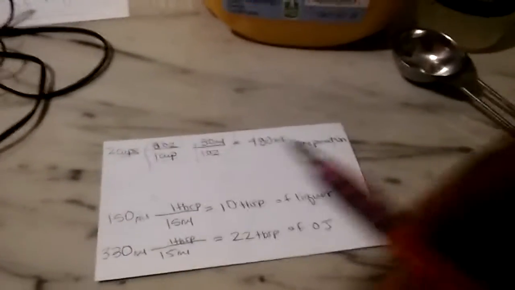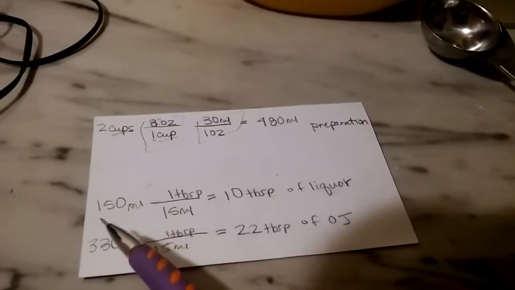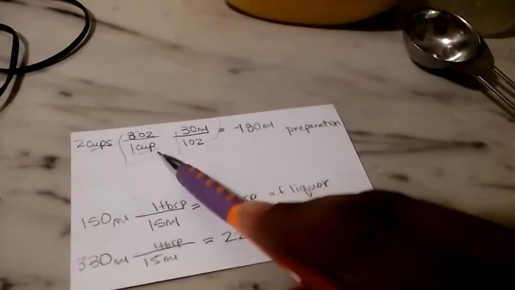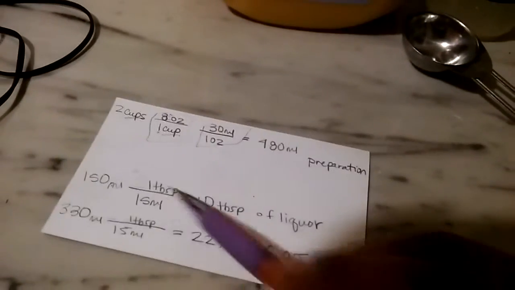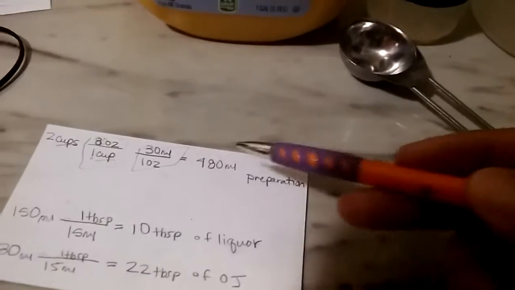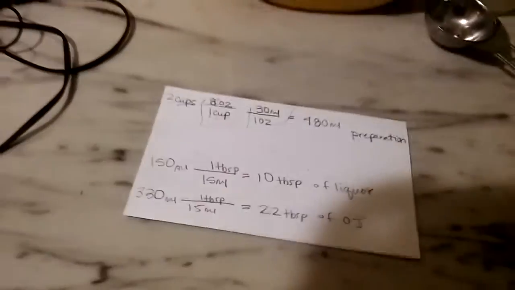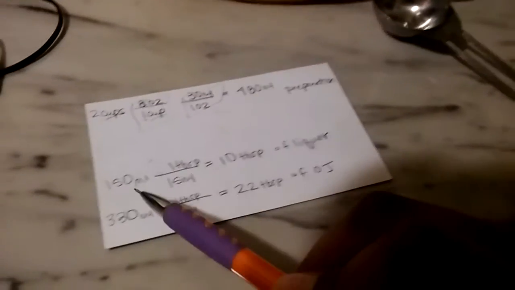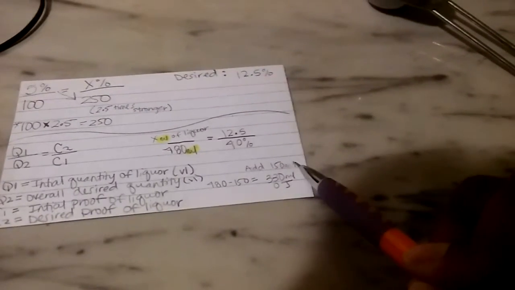I don't think anybody really does. So now we also have to do the factor label method to figure out how many tablespoons of liquor I'm going to add, because I can't do mLs. I don't have an mL measuring device, okay? So it told me to add 150 mLs of liquor and 330 mLs of orange juice.